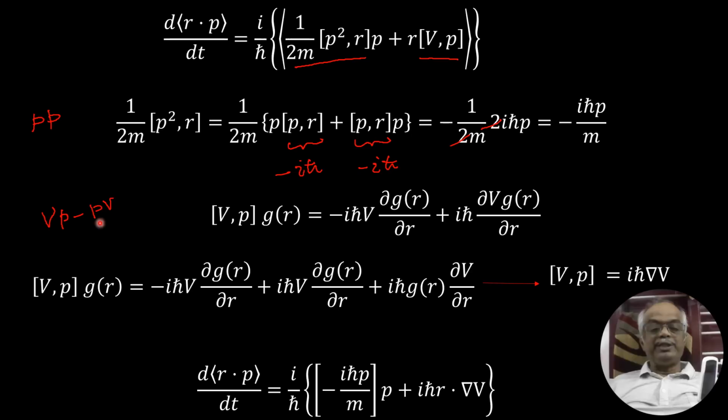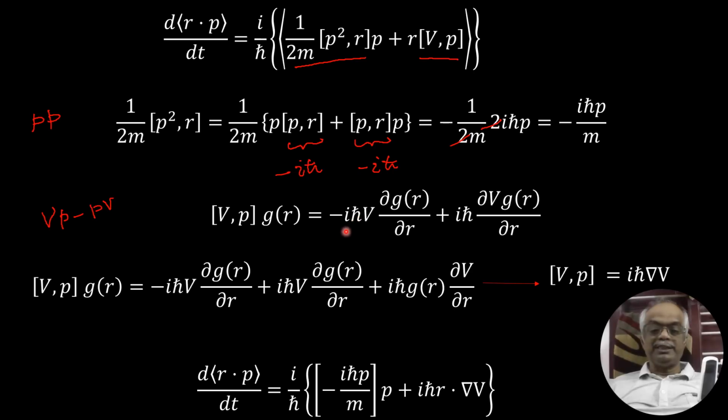First you take VP: V I have taken, and P I am replacing by its operator, minus i h cross delta g of r over delta r. Next PV: P is minus i h cross, and minus of minus becomes plus, so plus i h cross delta over delta r of V multiplied by g, because of course you have to multiply with g.